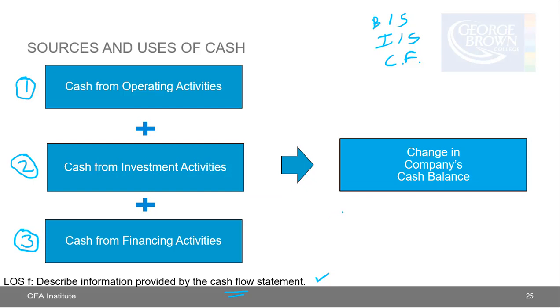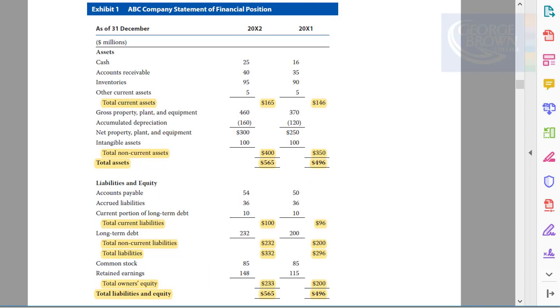But before we get to that, I just wanted to point out what we're looking at. We're looking at the change in the company's cash balance. If I bring up the balance sheet for ABC Company again, we can see that in 20X1 the company had cash of $16 million, and as at December 31st, 20X2, ABC Company had $25 million in cash.